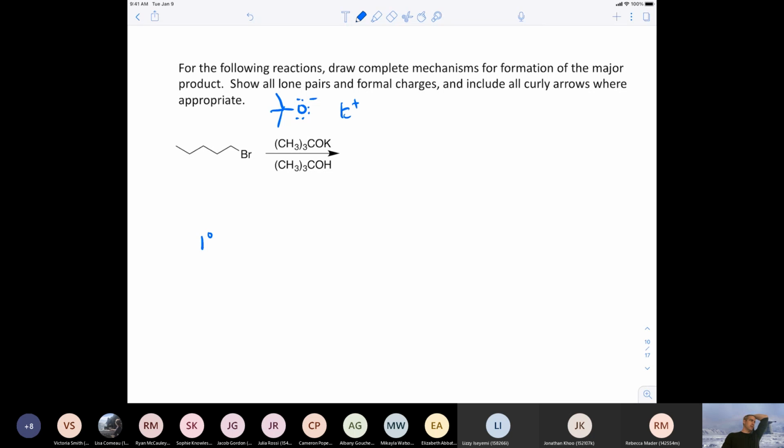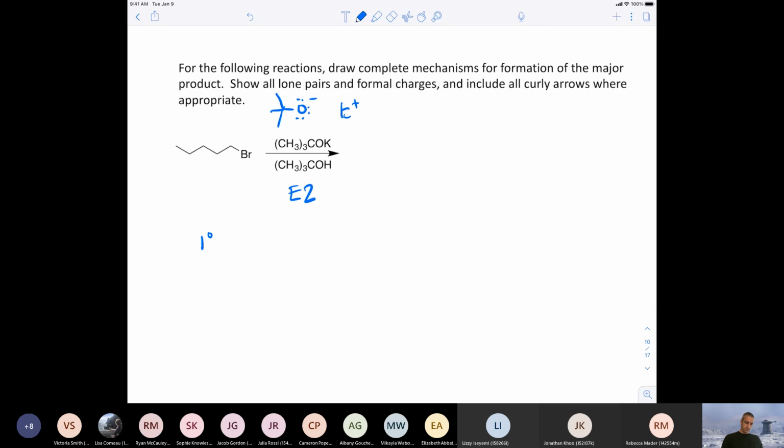Nucleophile. Yeah, that's going to be a bulky alkoxide. Bulky alkoxide in primary, let's not look at our table. What is this going to be? E2, yeah. Bulky alkoxides will always do E2, unless it's methyl because there's no beta hydrogens.